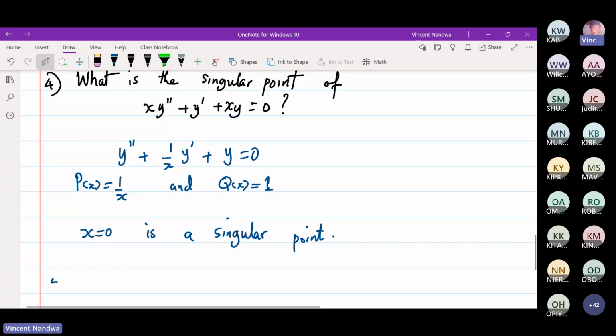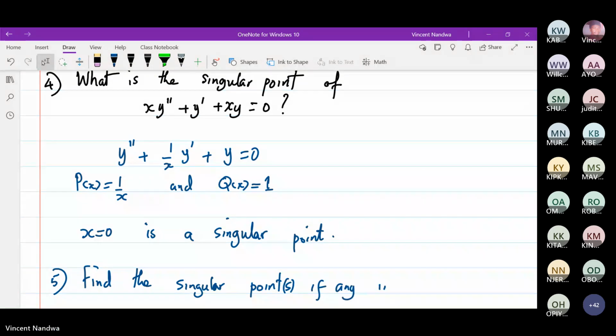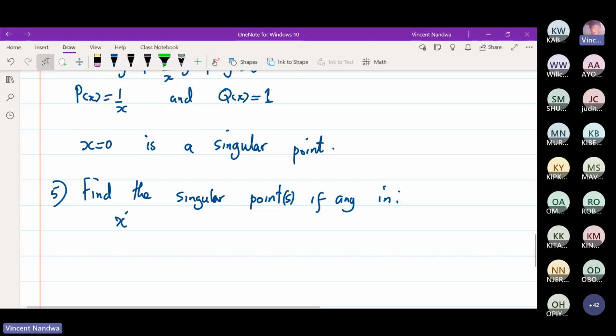Same question, number 5. Find the singular point, if any, in this differential equation x squared minus 1 y double prime plus 2x y prime plus xy equals 0.